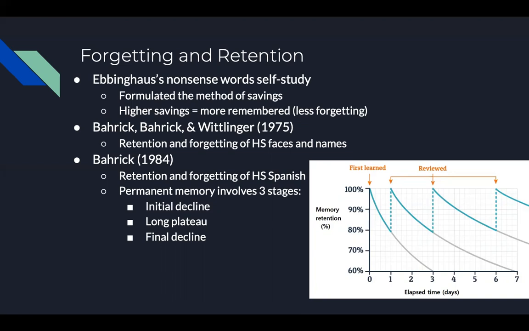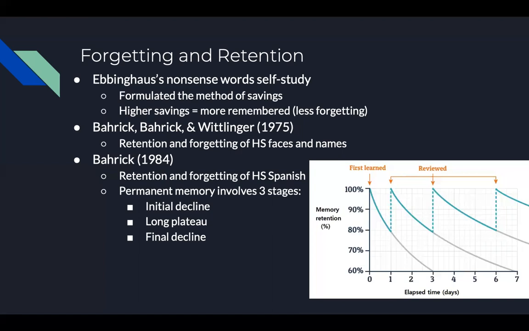Whenever he would go back and work on rememorizing the list, he realized, wow, it takes me less time to essentially review this information and re-add it to my memory than when I had to first learn it. Said another way, there were some savings from the earlier experience of 48 hours before. So essentially, there was this efficiency that he found. And the percent savings was his measure of memory.